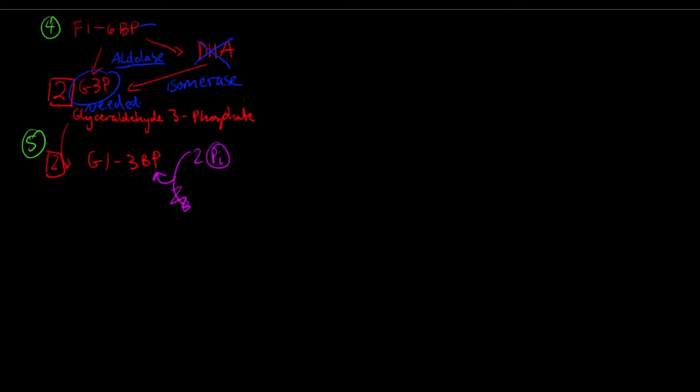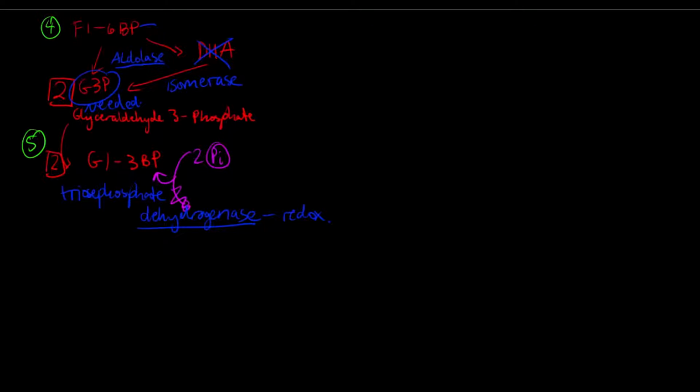So the enzyme that does this reaction is called triose phosphate dehydrogenase. Dehydrogenase, you need to know that name. Dehydrogenases do redox reactions, and in this step, the energy necessary for the inorganic phosphate to be added comes from the process of removing the electrons and the hydrogen from the molecules.